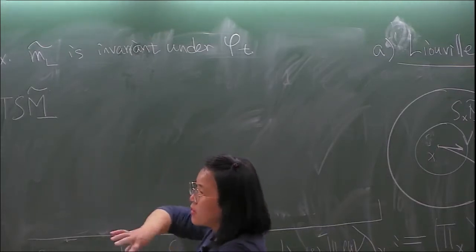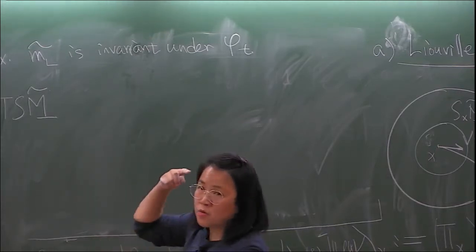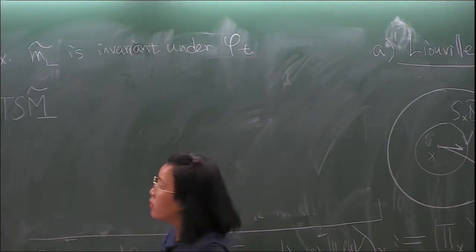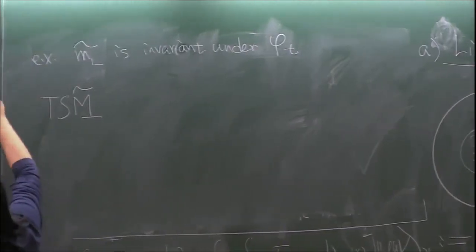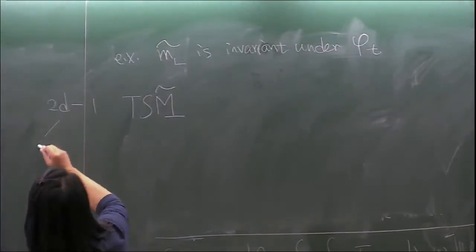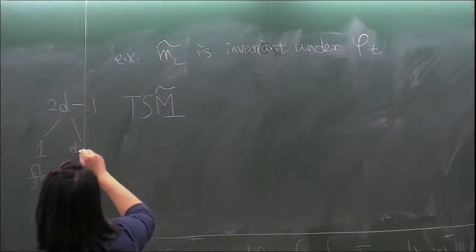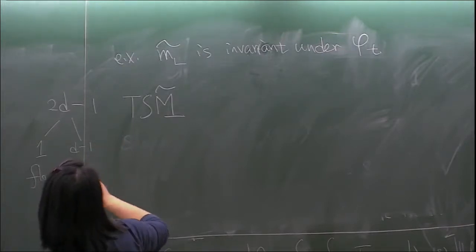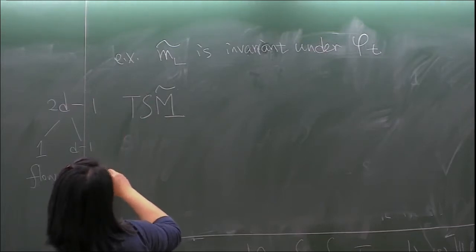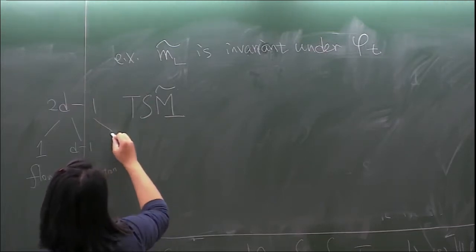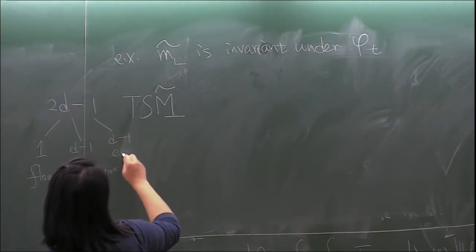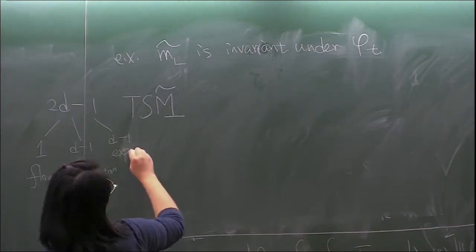For the geodesic flow in the negative curvature case, you have one direction corresponding to the flow, then D minus 1 directions corresponding to the contraction, and D minus 1 directions corresponding to the expanding direction.